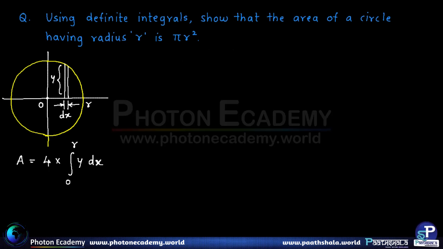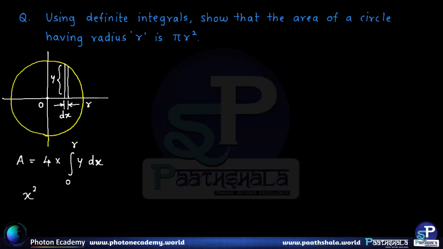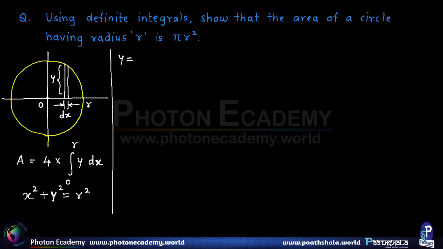Now the next task is we have to write y in terms of x. They have not given the equation as such, but we know the equation of a standard circle, and that is nothing but x square plus y square is equal to r square. Correct? So based on this we get y as nothing but square root of r square minus x square.